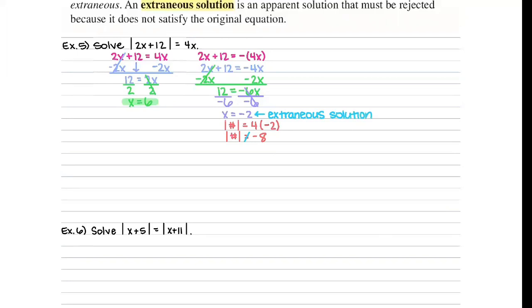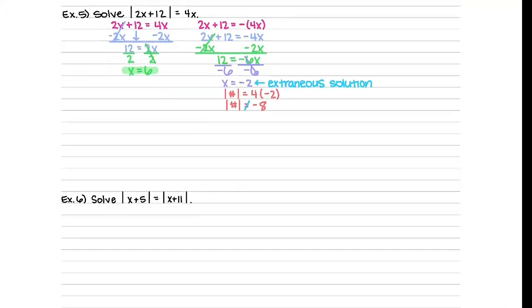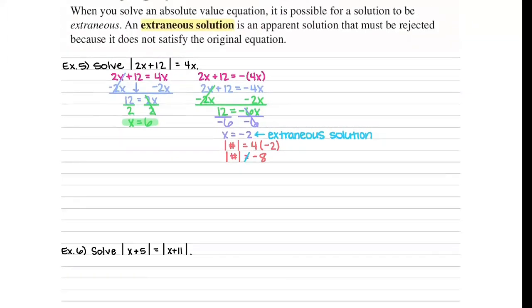So what that means, whenever you have an extraneous solution, it means, yes, you get it as an answer. However, that answer doesn't work. So negative 2, you got as an answer, but it doesn't work when you plug it back in. When you have extraneous solutions, they're not included in your solutions. So if this was a test or a quiz question, the only thing that you would give me for your answer is the 6.